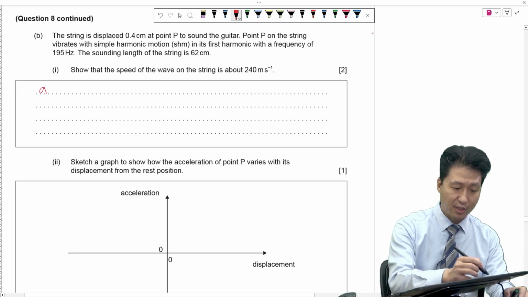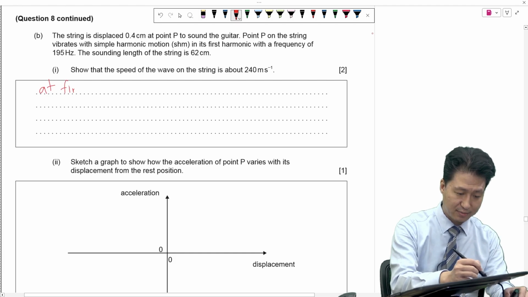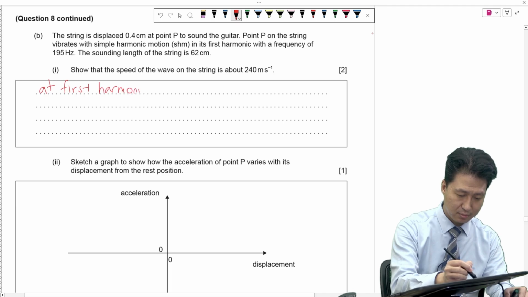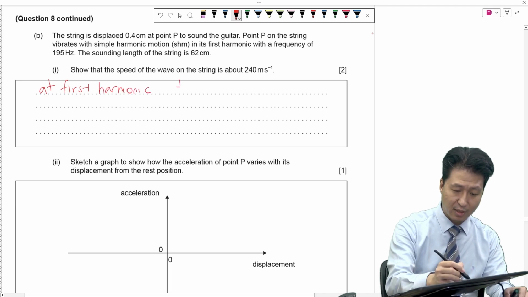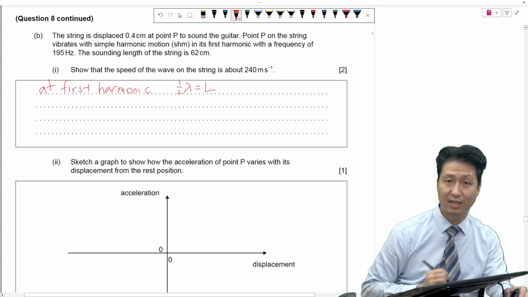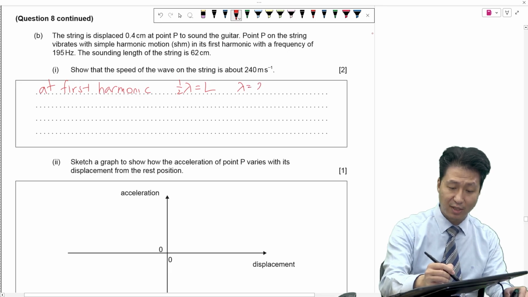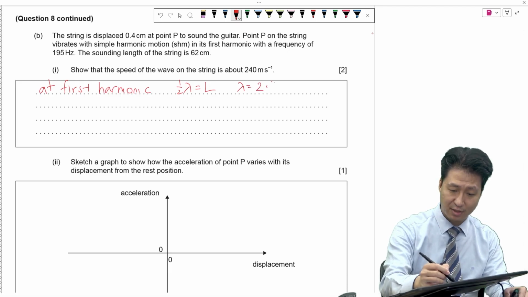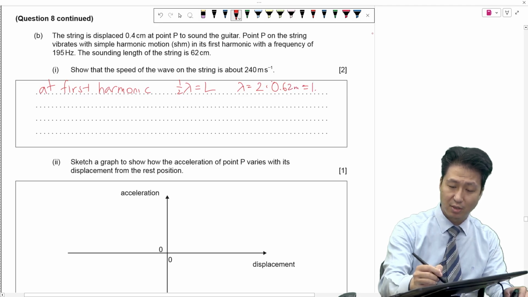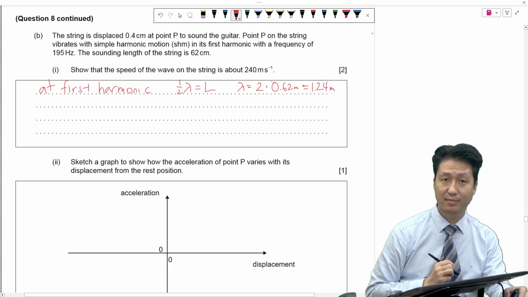So first, at the first harmonic, you have 1/2 of a wavelength fitting inside the length of the string. So this means that the wavelength is equal to 2 times 0.62 meters, which is 1.24 meters.